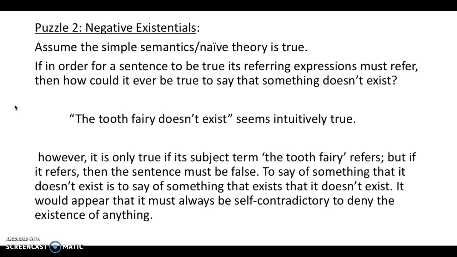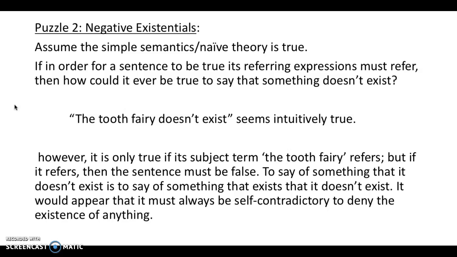If we assume something like the naive theory, again, the naive theory maintains that the meaning of singular terms, referring expressions like the tooth fairy, are just the things for which they stand. But in this case, we already know that there's no such thing as the tooth fairy, and what we're saying of the tooth fairy is that it does not exist.